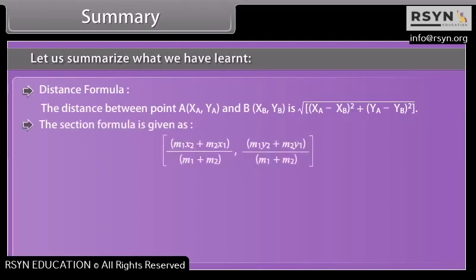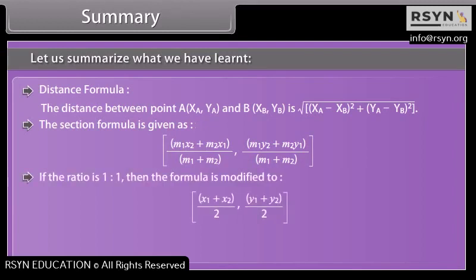The section formula is given as m1x2 plus m2x1 by m1 plus m2, m1y2 plus m2y1 by m1 plus m2. If the ratio is 1:1, then the formula is modified to x1 plus x2 by 2, y1 plus y2 by 2.